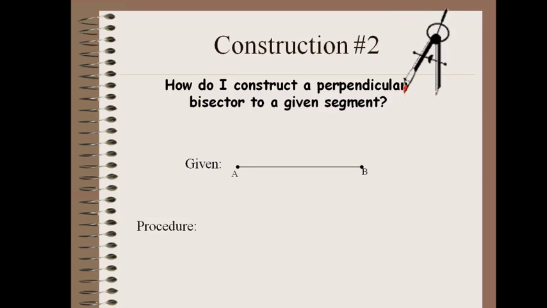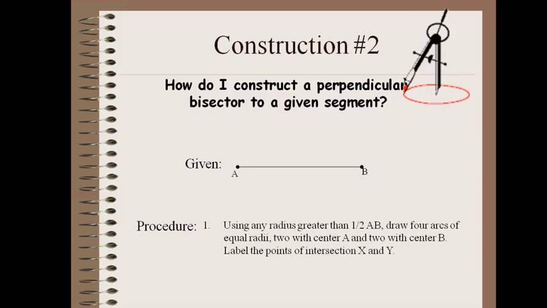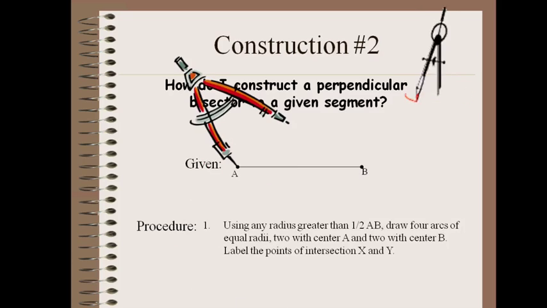To do so, you need to follow a certain procedure, and for procedure number 1, first you will take your compass and take more than half of the length of AB as a radius. What is meant by half of the length of AB? So suppose the length of AB is 4 centimeter.